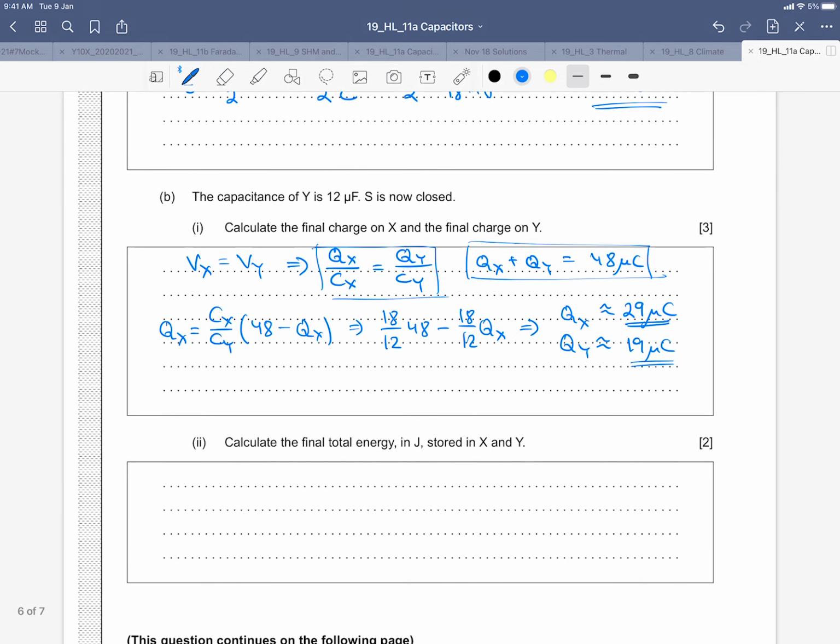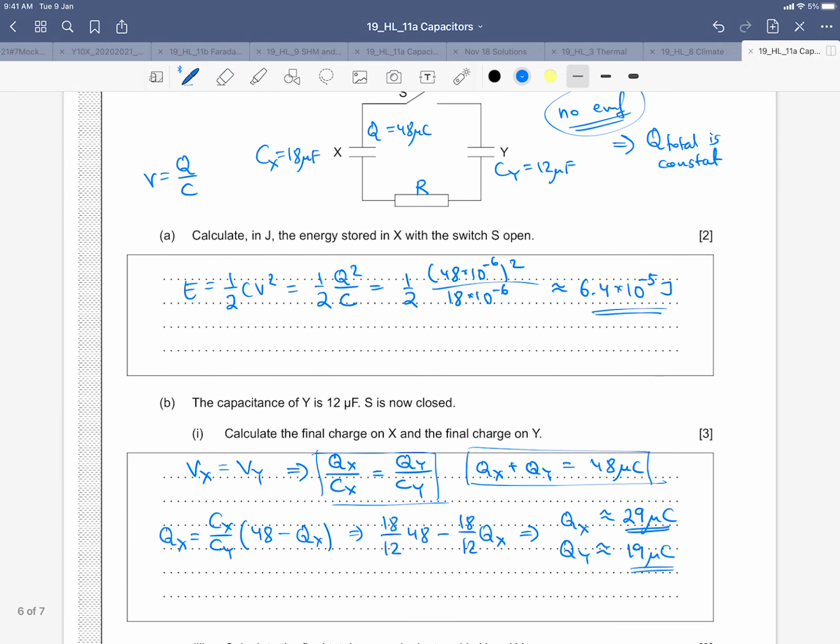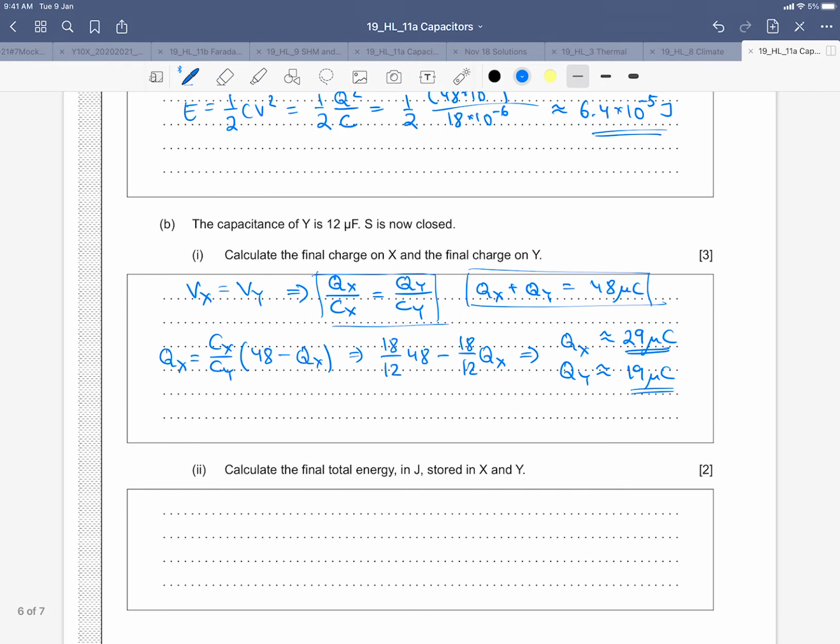Then we have to calculate the final total energy. Okay, so after we close the switch, what's the total energy now? And we can do that by just adding the two energies for the capacitors. So we have QX over CX, a voltage on X squared. We have QY over CY squared. And then we have to simply plug in all those nasty numbers. 28.8.